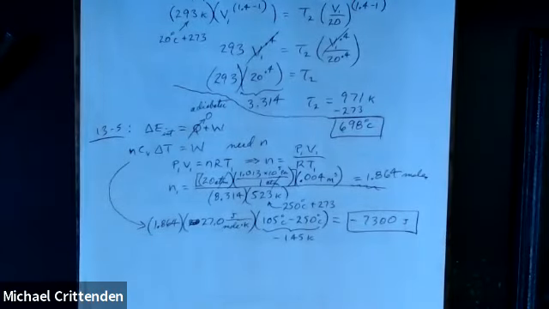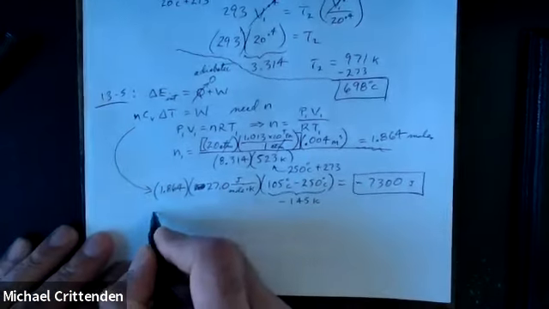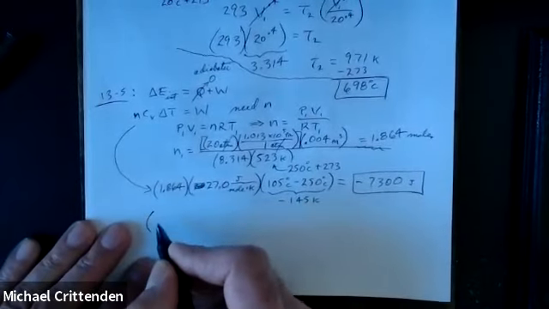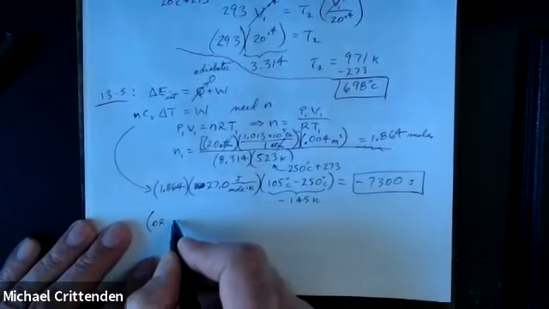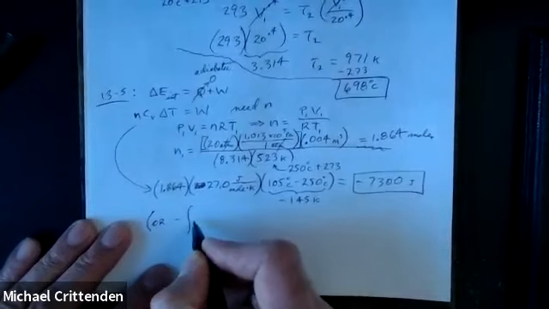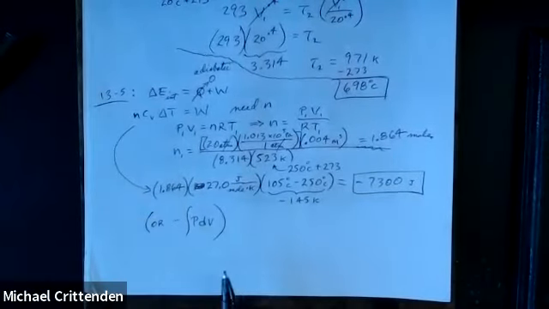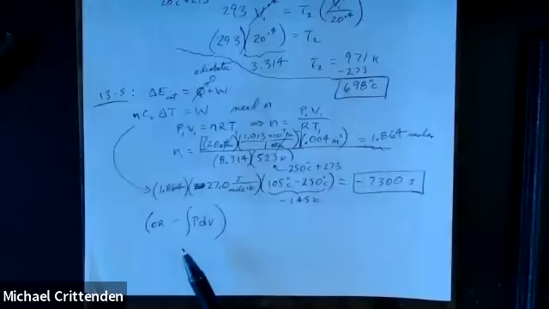So I mentioned there was more than one way of doing this. The alternative, I'm not going to run through the whole problem again, but just as a parenthetical comment, the other way of getting it is work is equal to minus the integral of P dV.